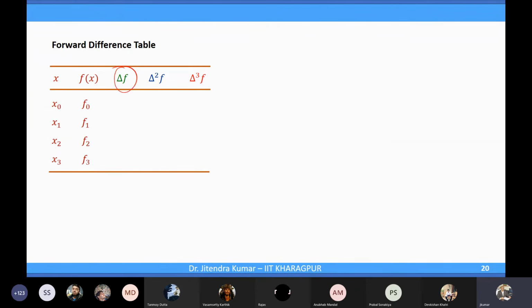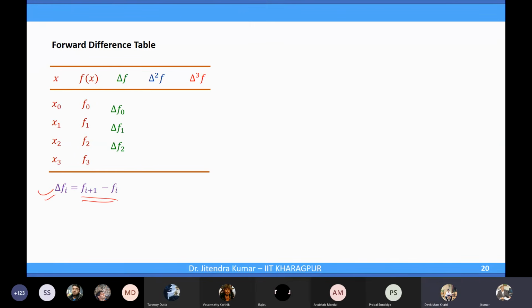These 4 data points are given. These are the first difference operator. How to get those first order differences? Nothing. You subtract from this to this, this to this, this to this, and put it there. These are the first order differences. Now you remember delta fi is fi plus 1 minus fi.